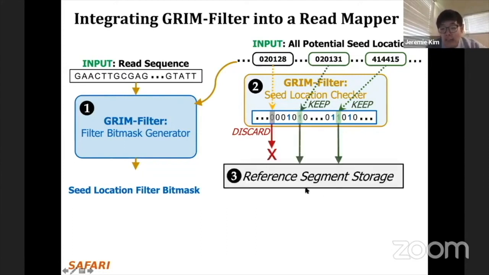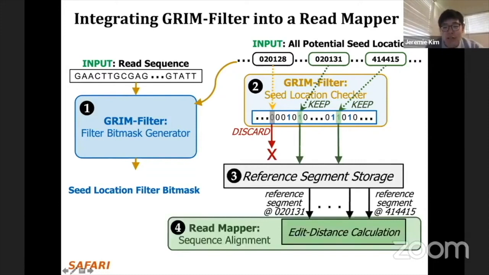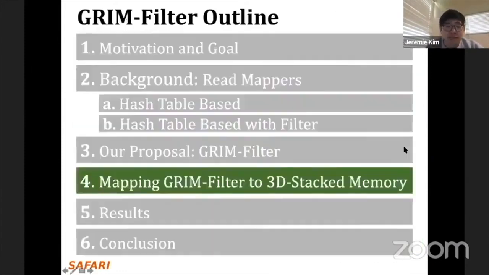We then send these locations to the reference segment storage, which extracts the segments from the reference. And then we finally calculate the edit distance using the ReadMapper. And so here we see that we're discarding 1 out of 3 locations of the visible ones here at least, and therefore we're saving time on the actual edit distance calculation. And then we output the correct mappings.